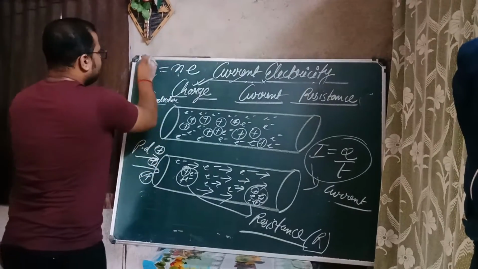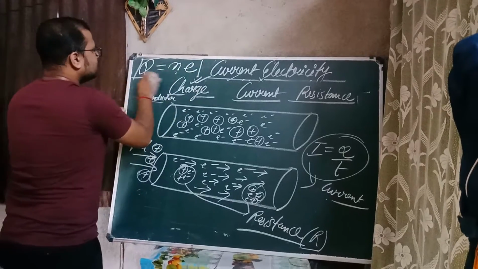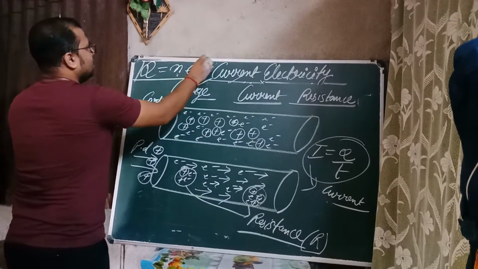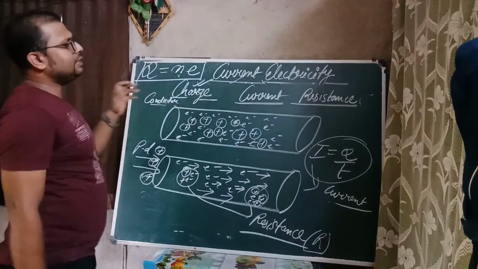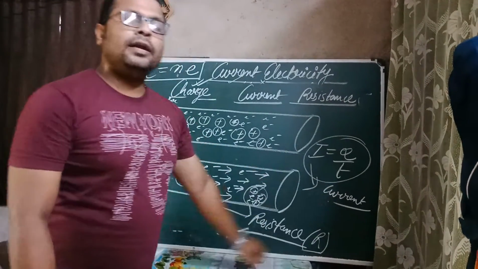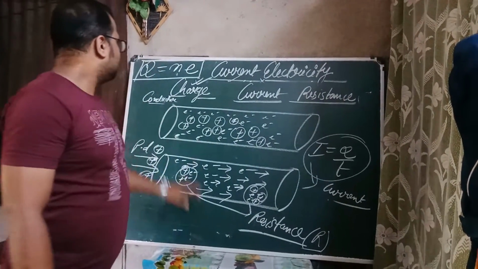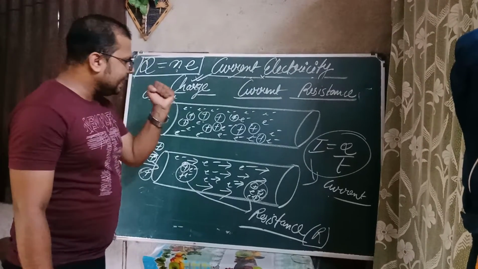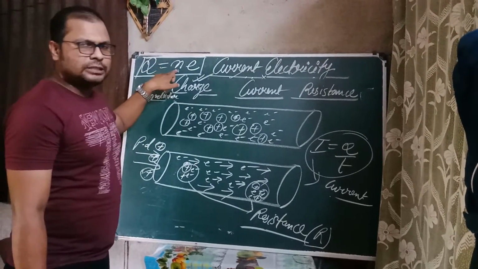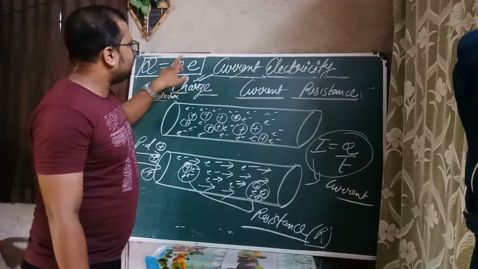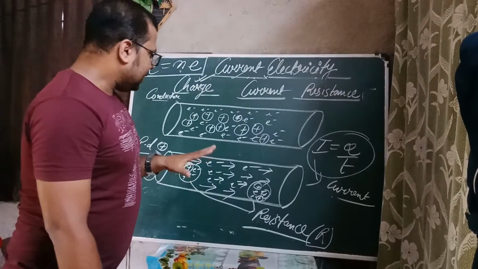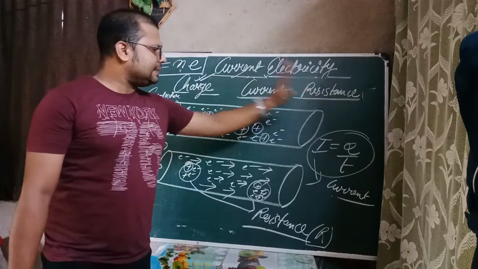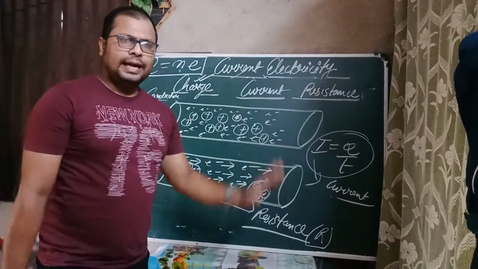It is the formula to quantify the charge. How much charge is actually reaching the other end of the appliance? So capital Q, that is the total charge which is actually gettable, is the number of electrons participating times the charge of each electron. So I hope the charge, current, resistance, what I told you here, is much more clear to you.